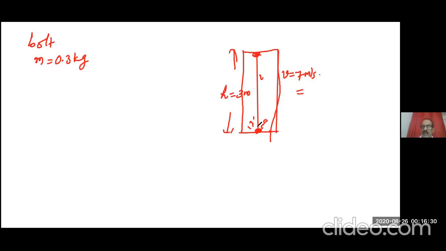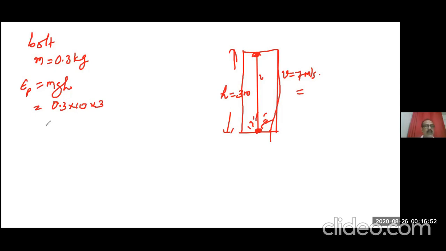So first let us calculate heat generated. W is equal to mgh. This is the potential energy it has, EP. Mass of the bolt 0.3, g let us take 10, h 3.